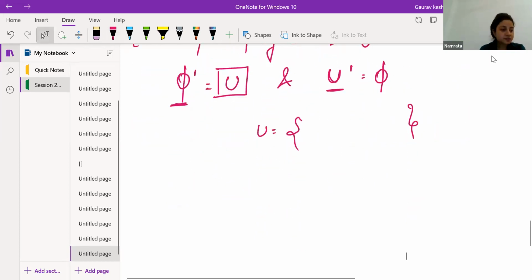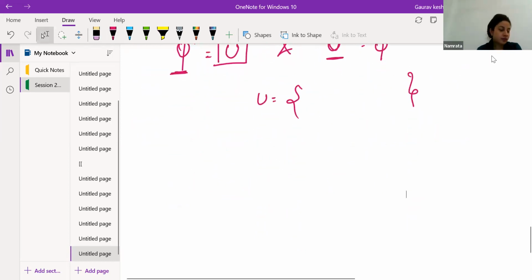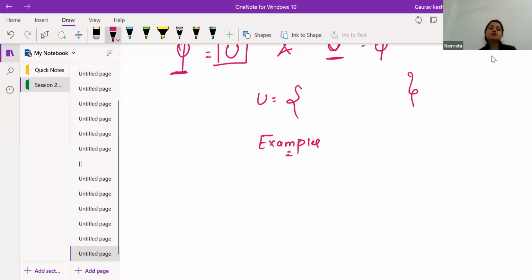Next one. We are going to solve a few questions where the sets are given in set builder form, and we have to find the complement of that.